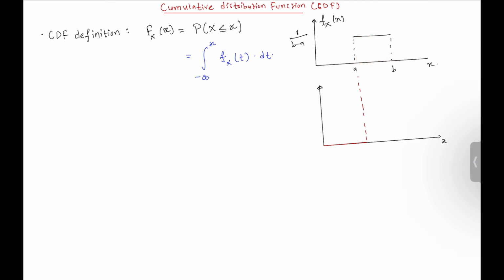From here the probability will increase linearly. Once you are at this point, you have accumulated all the probability, which means the total is 1. So after that it will be 1.